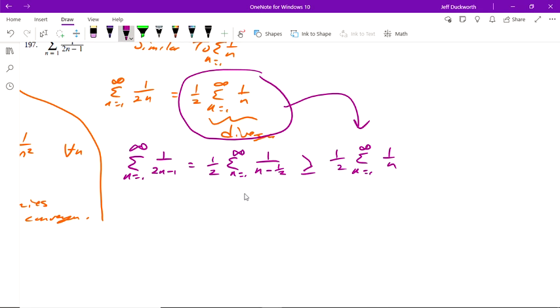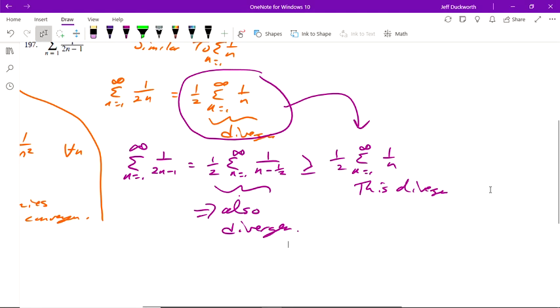That means since this diverges, so too will this. So we had to play with that one a little bit more to actually use the comparison test. We can't directly compare it to 1 over n without a little bit of nonsense, but hopefully you get the picture.